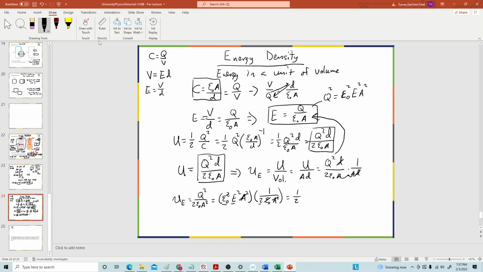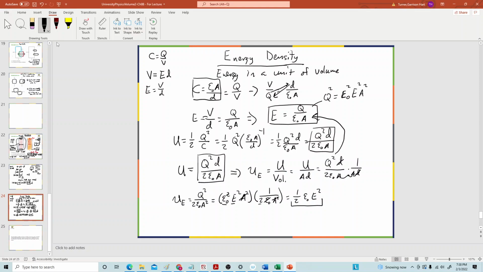So the energy density in terms of the fields turns into 1/2 epsilon naught E squared. Okay? 1/2 epsilon naught E squared. So that is the energy density in a parallel plate capacitor.